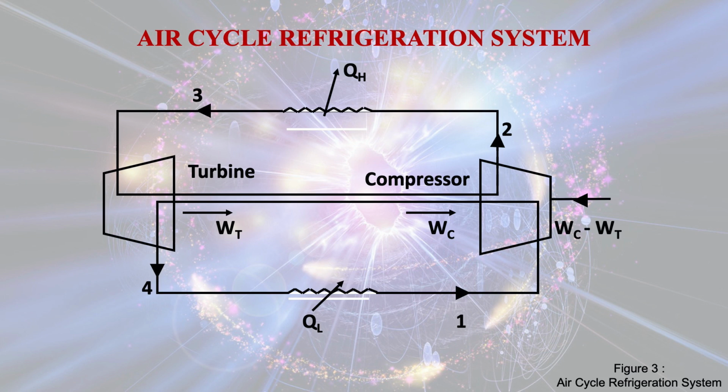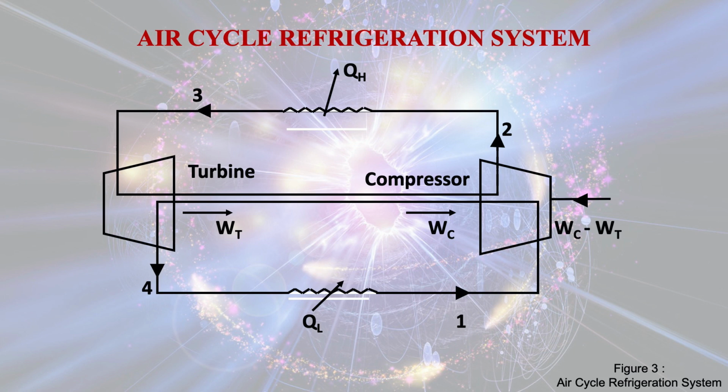This is the diagram for air cycle refrigeration system, and here you see that the turbine work is from 3 to 4, and the temperature at point 4 is low, so it is sufficient to extract heat from the confined space which is to be refrigerated.